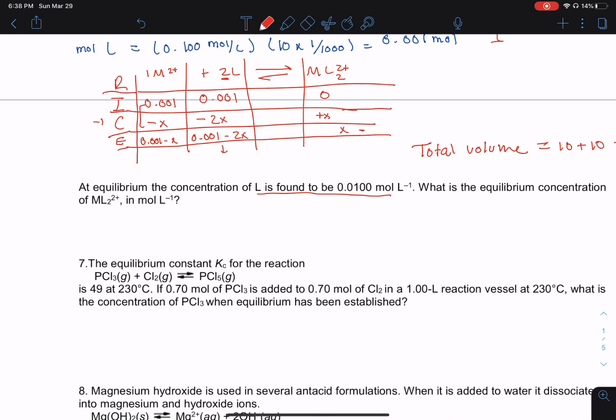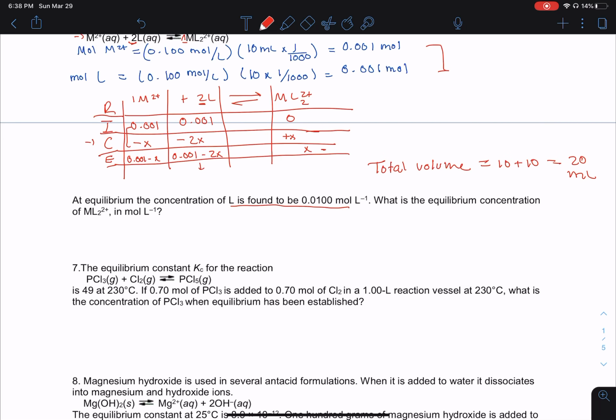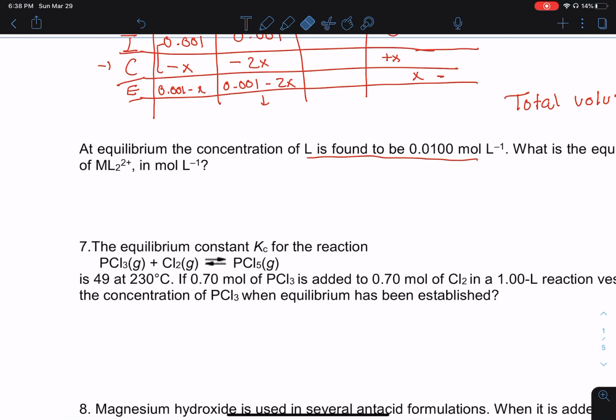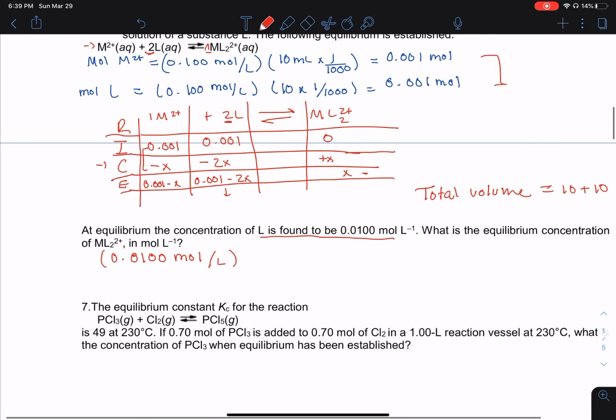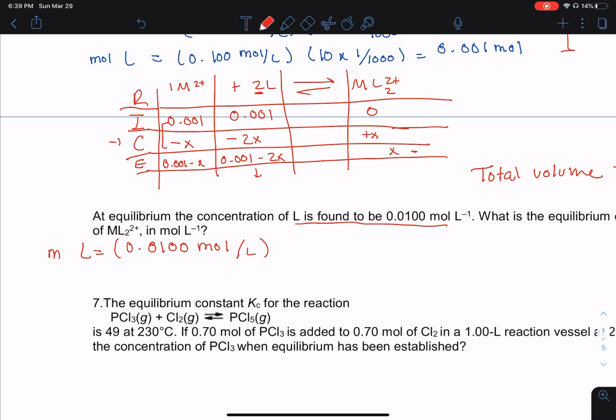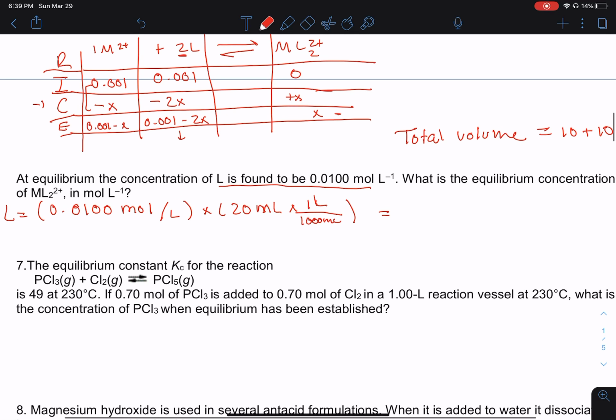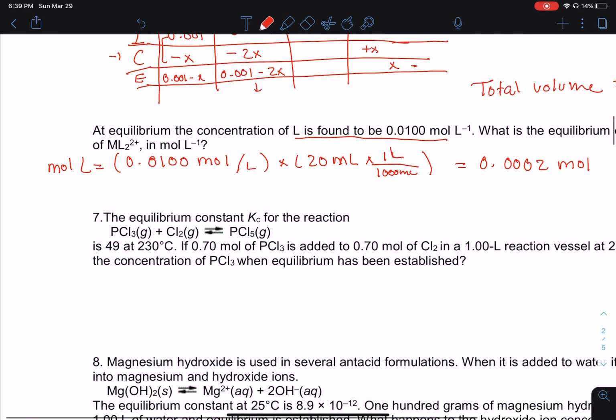So this will help us figure out the moles of L at equilibrium, since we have the concentration of L. In this case, it would be 0.0100 mole per liter times 20 milliliters times 1 L over 1,000 mL. And that will give us 0.0002 moles.